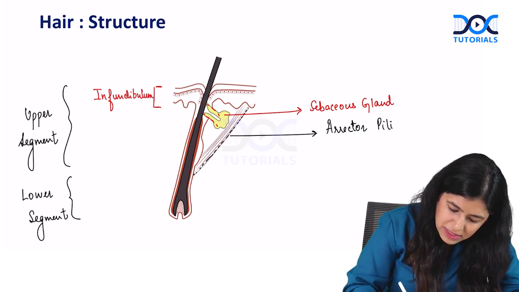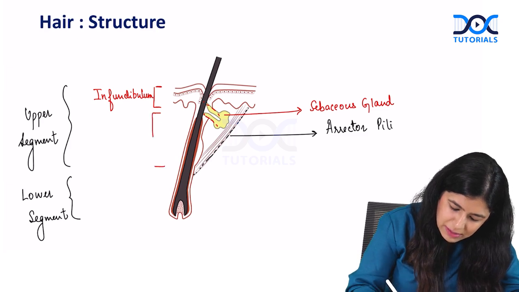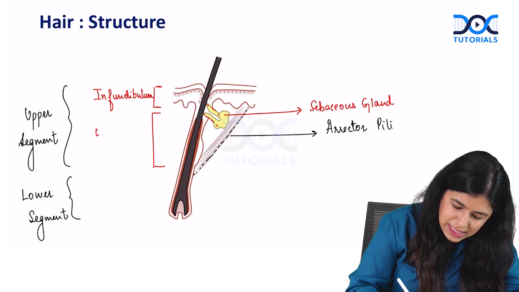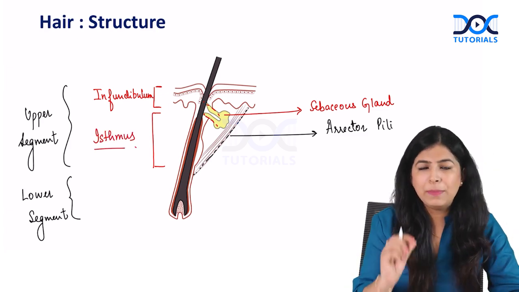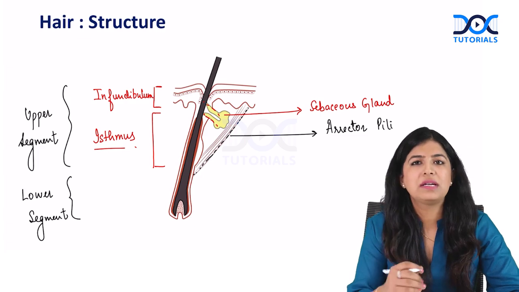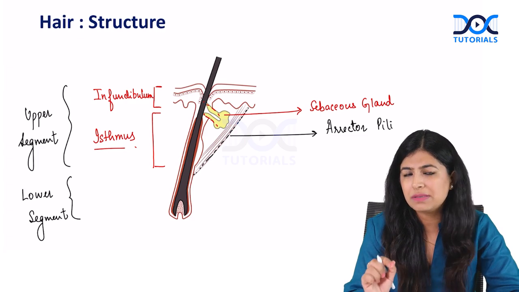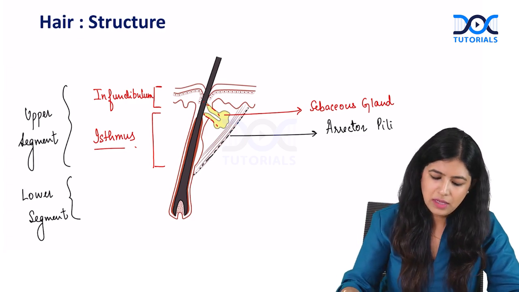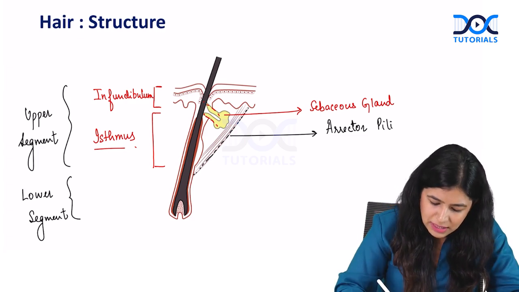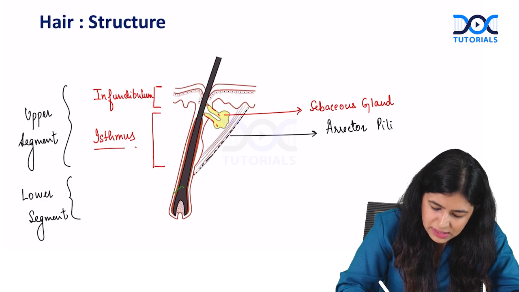And from the insertion of the sebaceous gland till the insertion of the erector pili muscle, this area is called the isthmus. So the upper segment is further divided into infundibulum and isthmus by the insertion of the sebaceous gland.